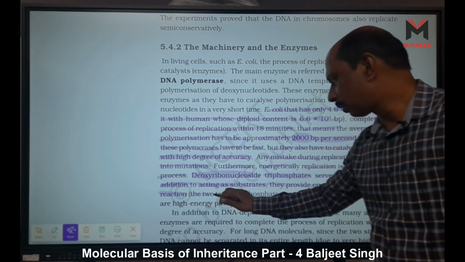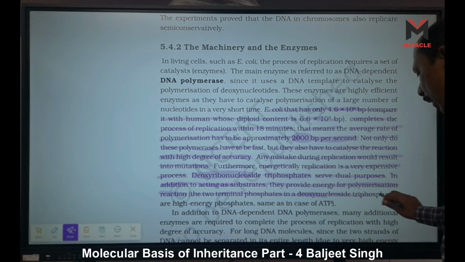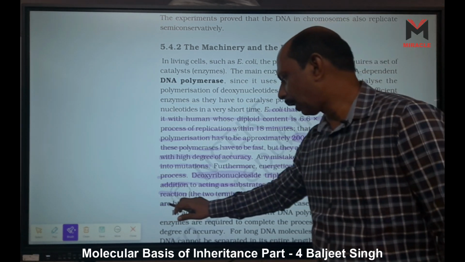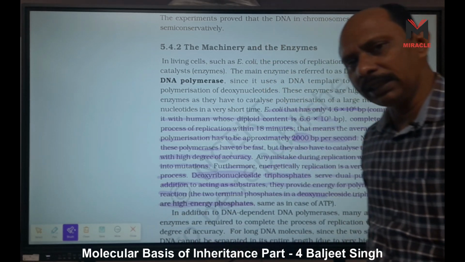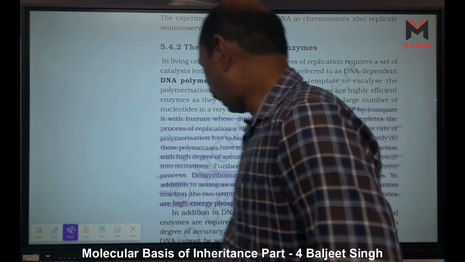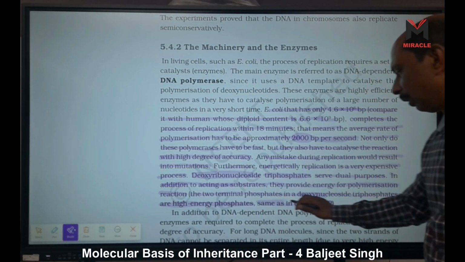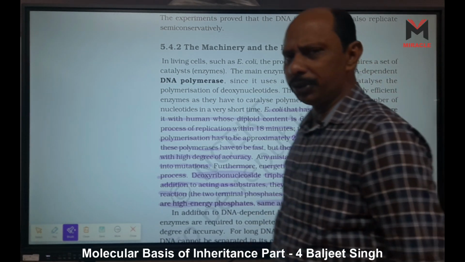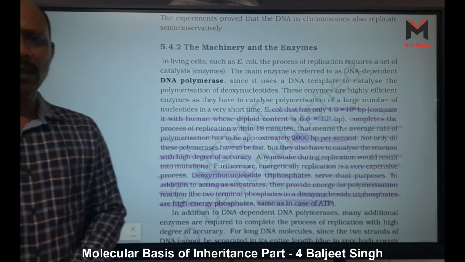Polymerization. The two terminal phosphates in a deoxynucleoside triphosphate are high energy phosphates. They release energy, and this energy is consumed in the formation of the new DNA strand. Okay, same as in the case of ATP. Adenosine triphosphate is identical to ATP, right?